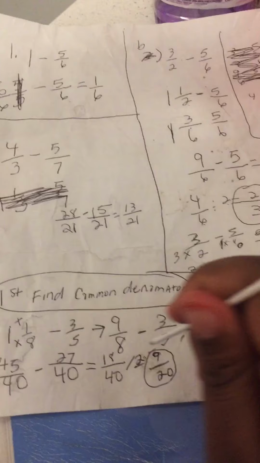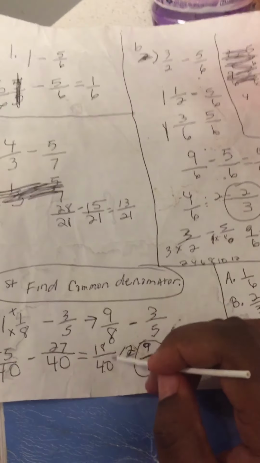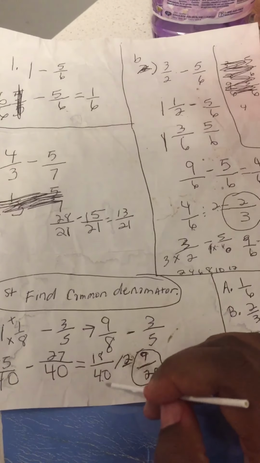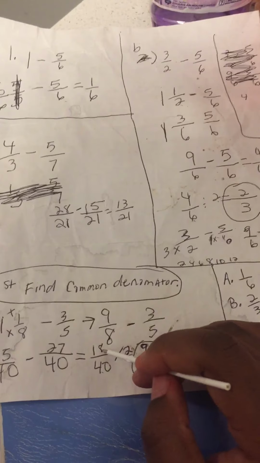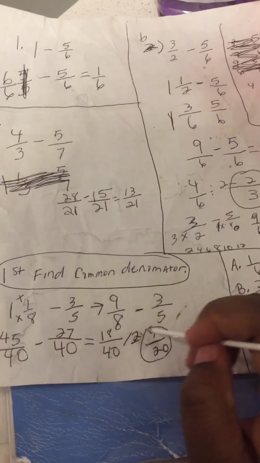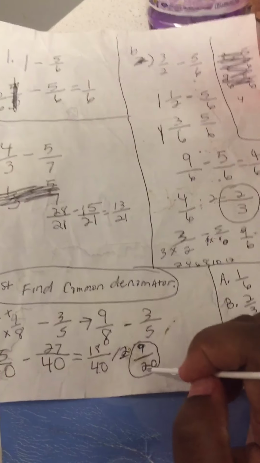The answer still needs to be simplified because it is not at its lowest numbers. They still can be divided by 2. Both of them still can be divided by 2. So the top divided by 2 is 9, and 40 divided by 2 is 20.